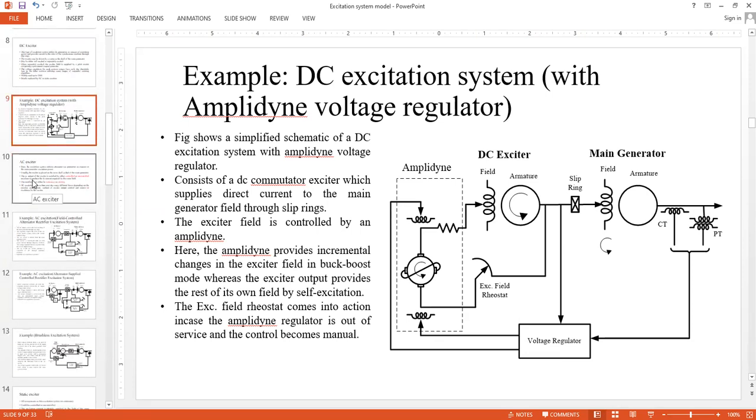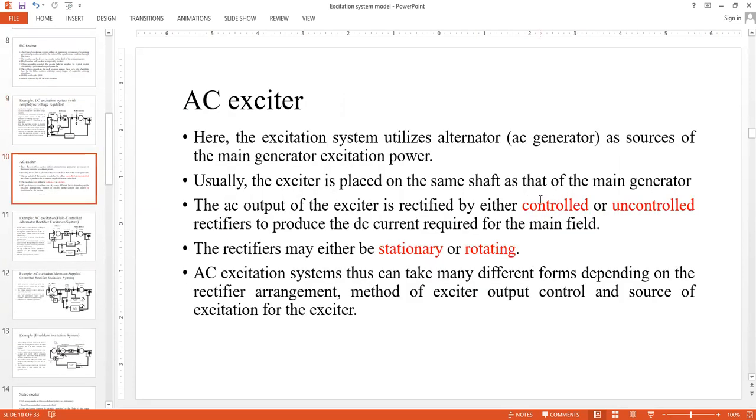Then we moved on to the AC exciter, where we might have different variants. Of course, there will be a rectifier, because this is an AC exciter. We generally use an AC machine for the excitation purpose, but in the main generator the field itself is fed by DC.